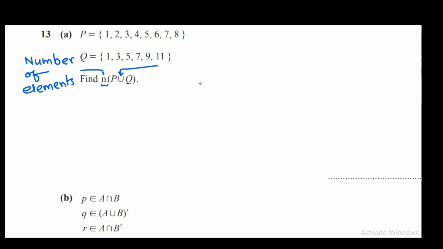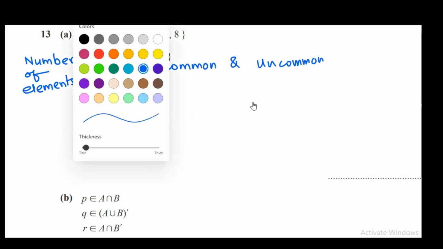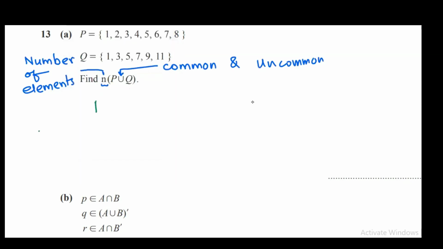Union means all common and uncommon elements in the set P and Q. So in part 1, we have to find the number of elements in the set P union Q. So first find out the P union Q set.